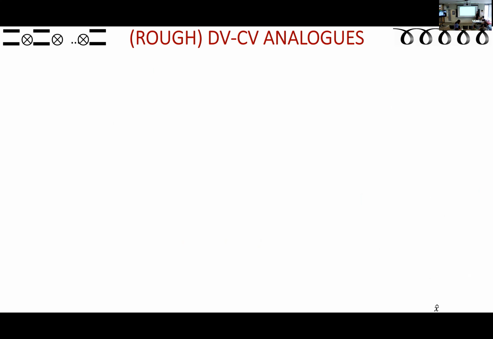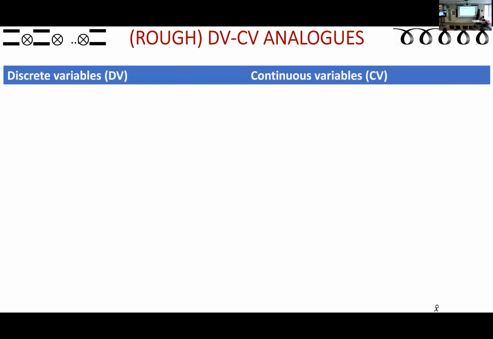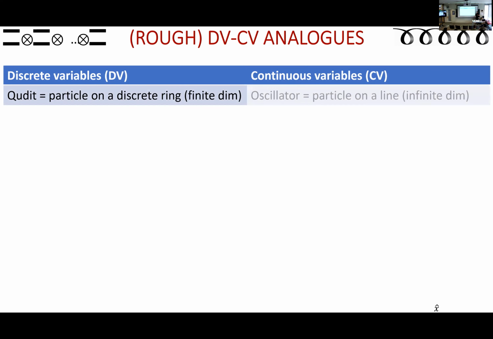So the harmonic oscillator has some objects that are analogs of qubit systems. Who's heard of the harmonic oscillator, right? Okay, good. So I'm not going to get into it too much, but if you haven't, you can associate a qubit with a particle on a pizza, right?